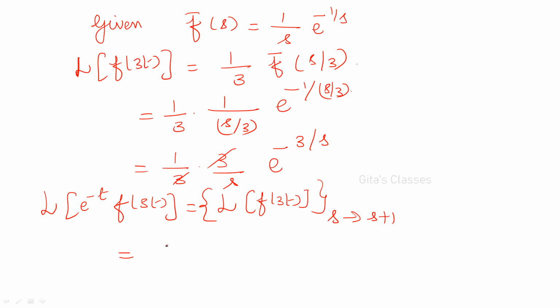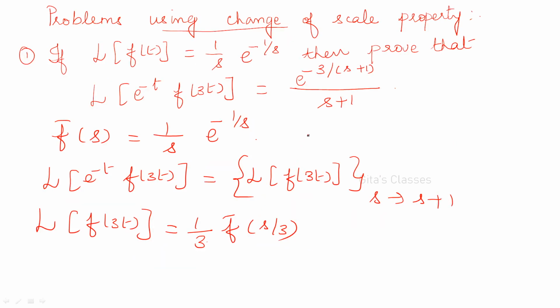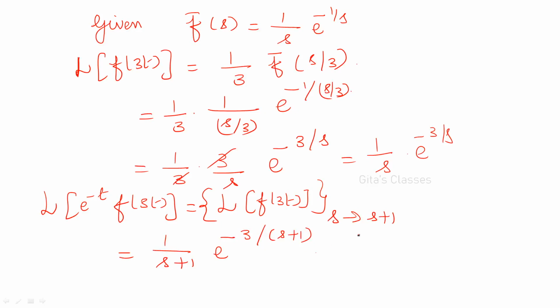That is equal to 1 by s plus 1 into e power minus 3 by s plus 1. Okay, this is what we want to prove, right? Prove that e power minus 3 by s plus 1 by s plus 1. That's what we got. Okay.